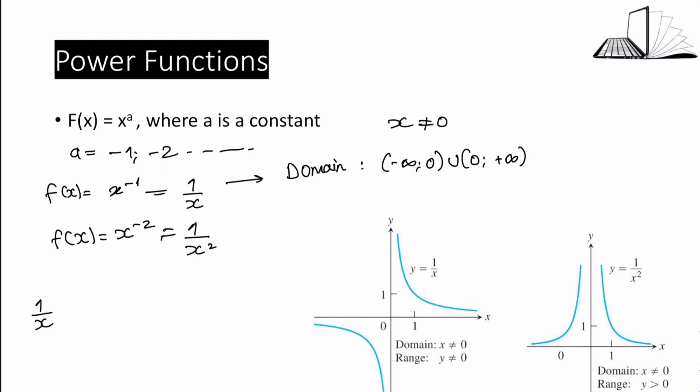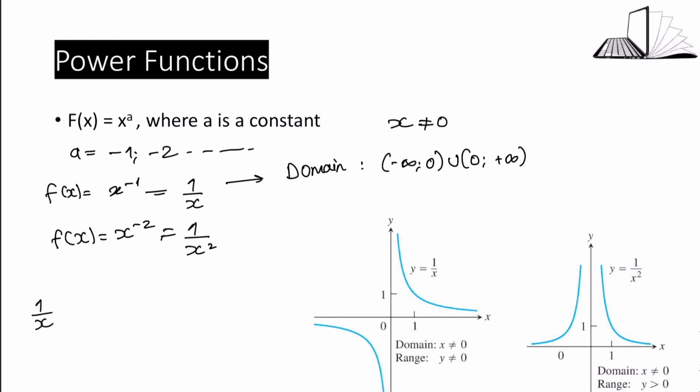Easy, because this is an inversely proportional relationship. As x increases, y decreases. Here x cannot take the value 0, and y also cannot take the value 0. As x increases, y tends to 0. As x tends to 0, y tends to infinity.